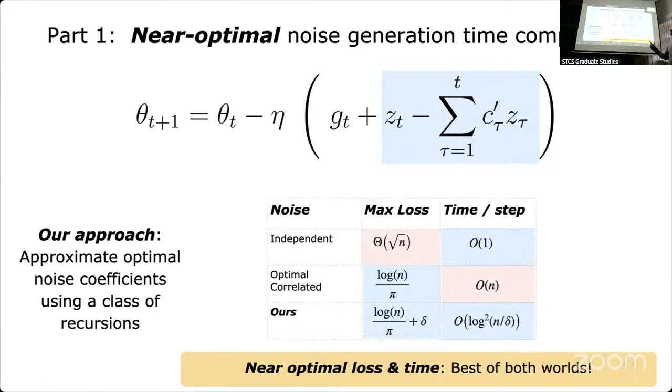It turns out that we approximate those with a class of coefficients which can be computed recursively. That gives us improved time complexity. So we get polylog n with approximately the best possible error. So that's going to be the first part.